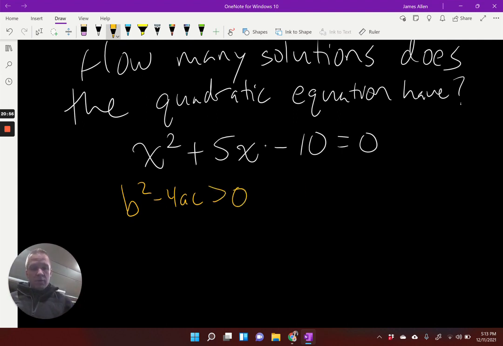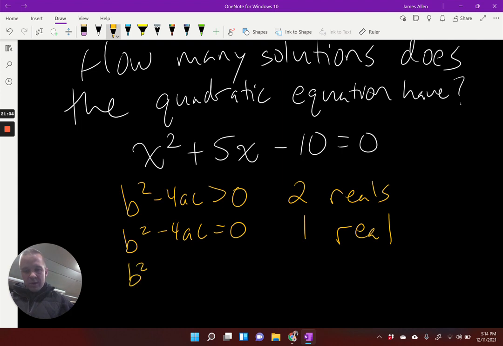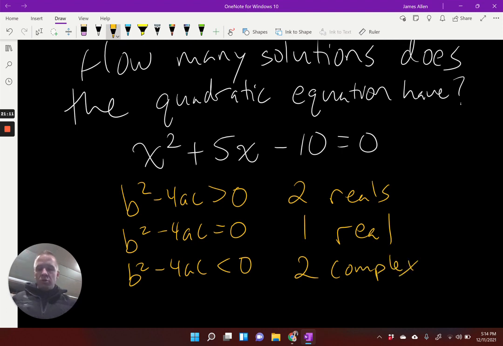If that is greater than 0, 2 reals. If b squared minus 4ac is equal to 0, 1 real. And if b squared minus 4ac is less than 0, 2 complex, 2 imaginary, or no real solutions would be an option depending on how it's worded.